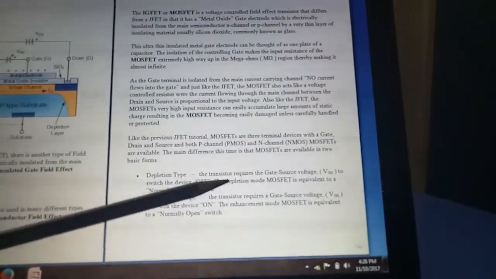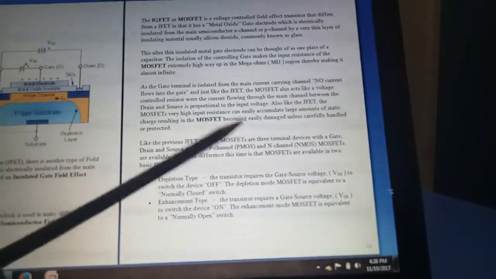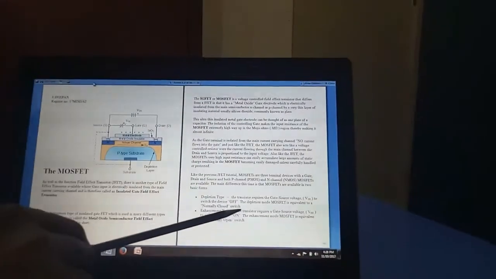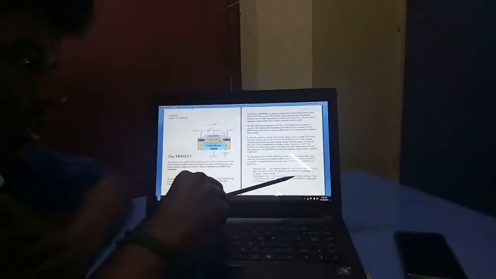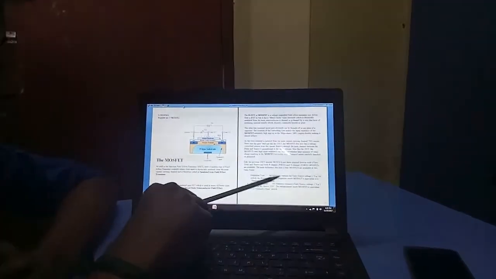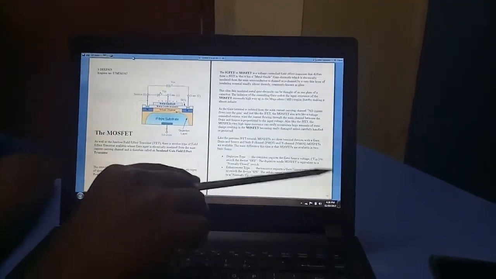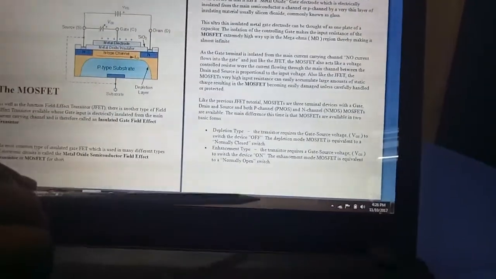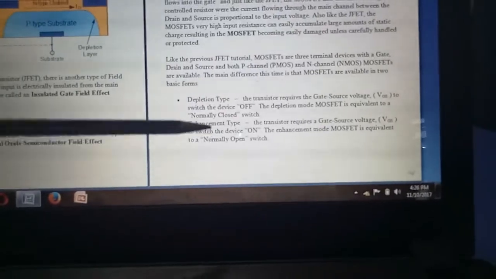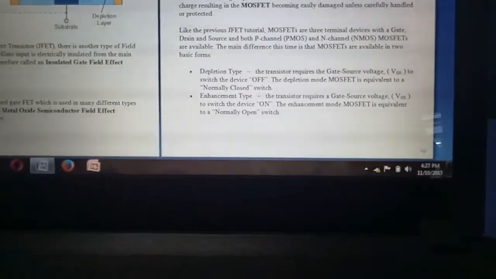Depletion type: the transistor requires the gate source voltage VGS to switch the device off. The depletion mode MOSFET is equivalent to a normally closed switch. Enhancement type: the transistor requires a gate source voltage to switch the device on. The enhancement mode MOSFET is equivalent to a normally open switch.